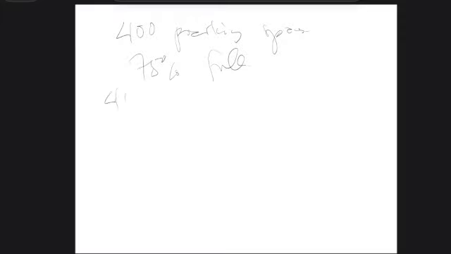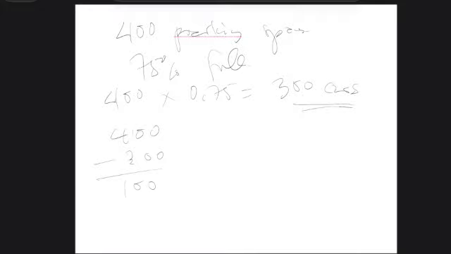It's going to be 400 multiplied by 75%. That's about 300 cars that are actually occupying the space. So 400 minus 300 is about 100 empty spaces.